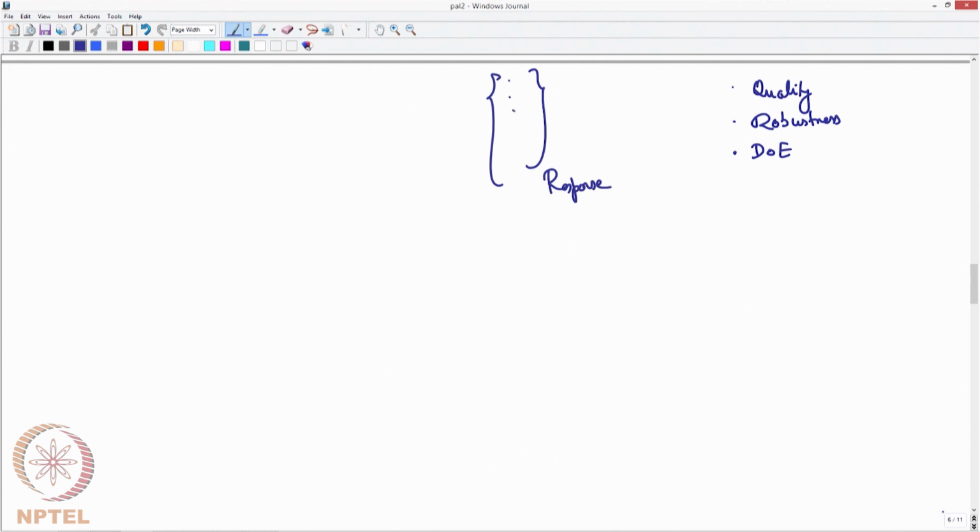I should have some entries here. How do I get these entries? I need to conduct some experiments somewhere, and that will feed into these responses. This is my variable x1 and x2, and at these combinations I do the experiments, and then only I will get this, because otherwise I will have to do infinite experiments here to get these values. So this is what is your DOE.